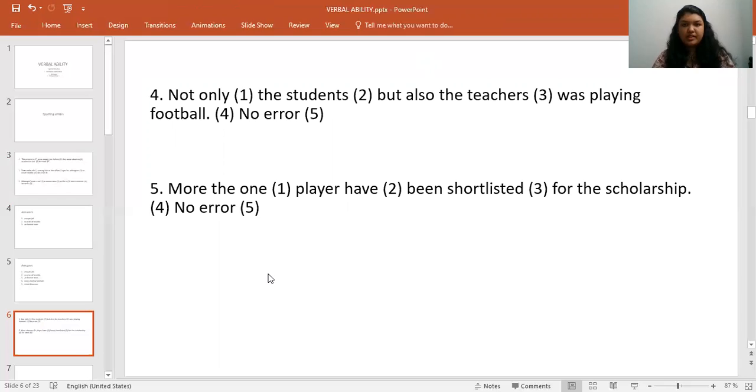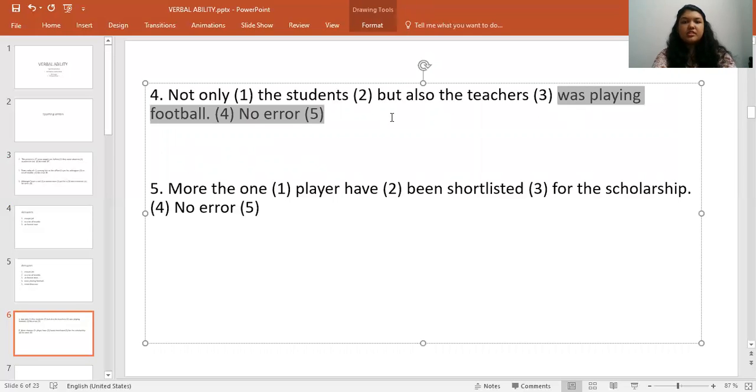If you read through the sentence, you can find that the first, second, and third parts do not have any errors. But when it comes to the fourth part of the sentence, was playing football is where the mistake is.